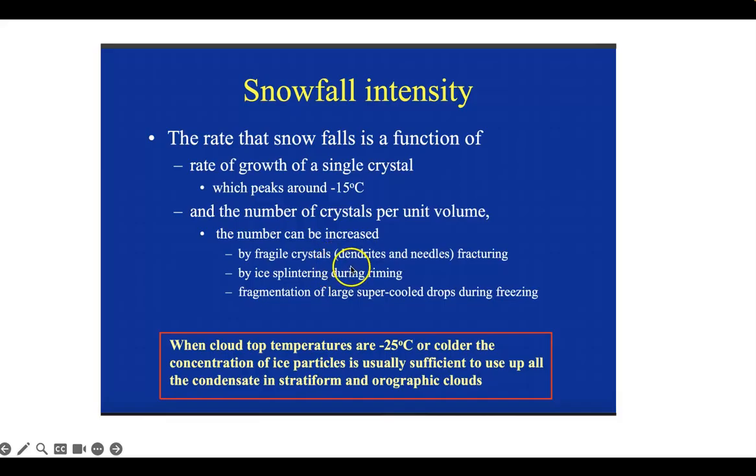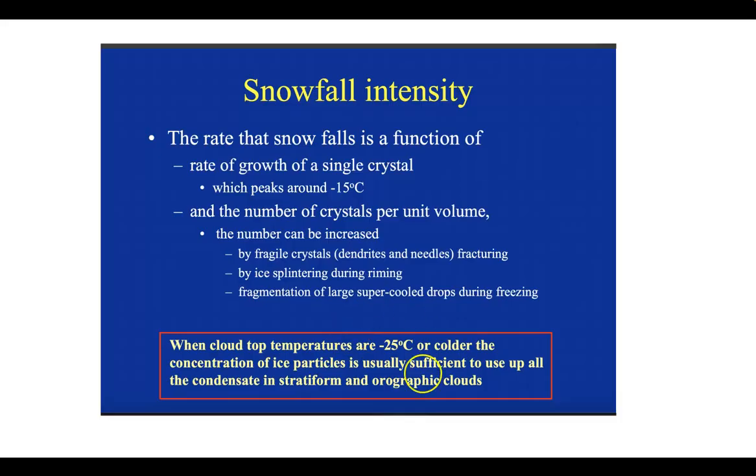And riming is when you have supercooled droplets hitting dendrite snowflakes. So that when the supercooled droplets hit the dendrite or any snowflake, really, that can cause some ice to fall off.